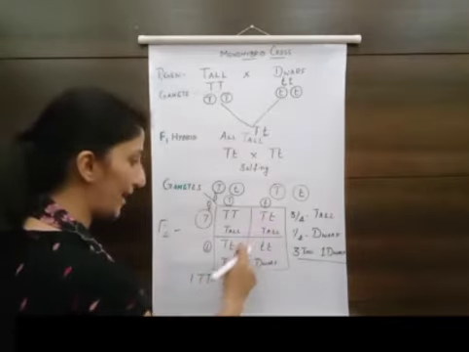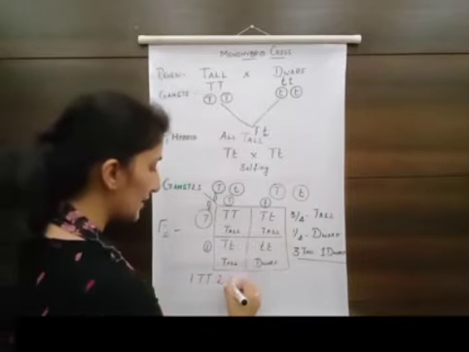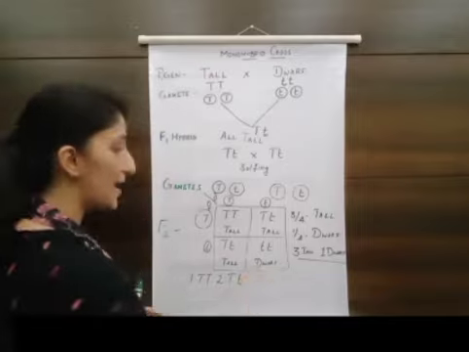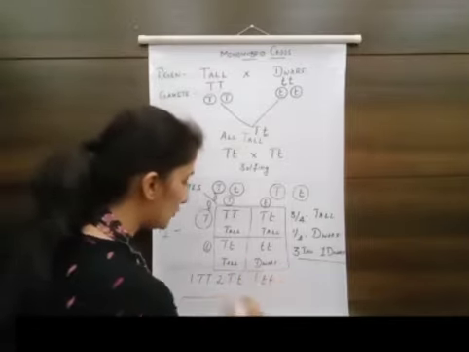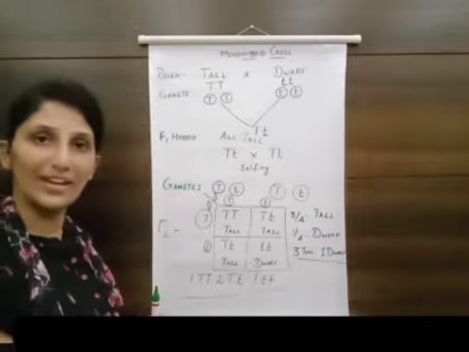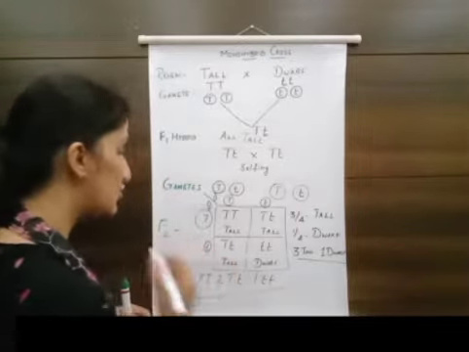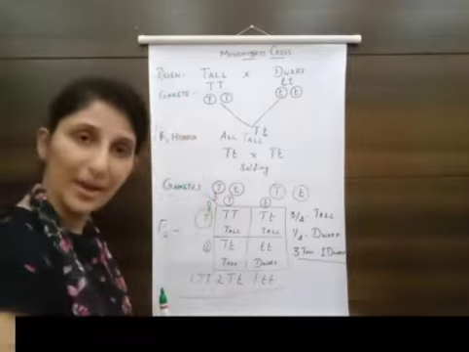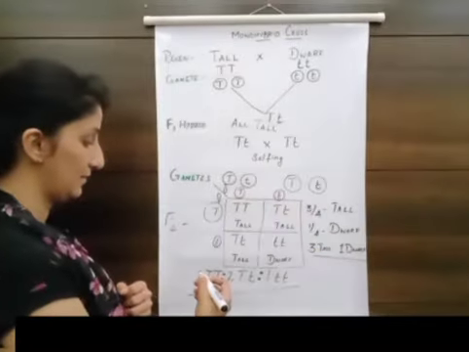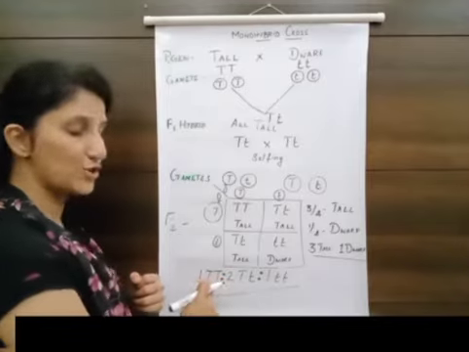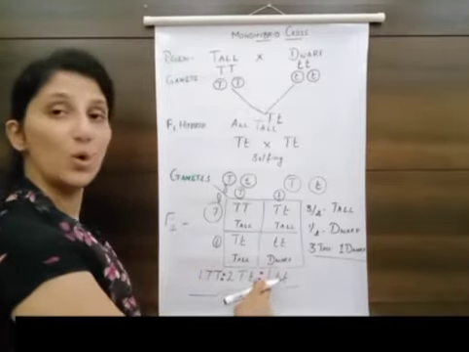We get 2. So 1 capital T capital T, 2 capital T small t and 1 small t small t. So this is the genotypic ratio of a monohybrid cross. The phenotypic ratio is 3:1 and the genotypic ratio is 1:2:1.